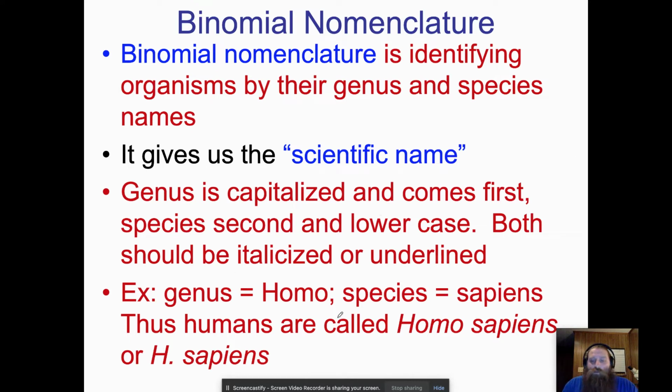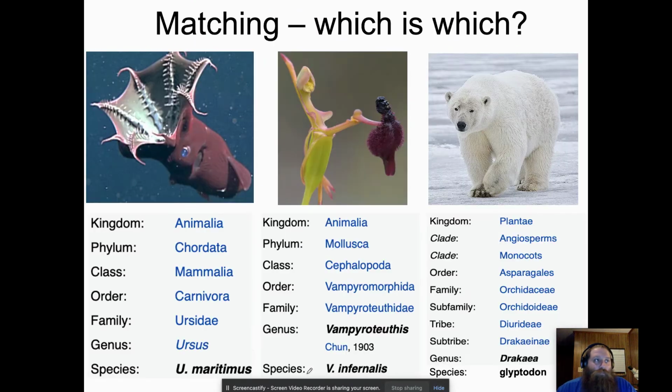So for human beings, we would say Homo sapiens, and you can see here, the genus is capitalized and first, the species is second, and we are in italics. Sometimes we abbreviate the genus with just the first capital letter, the H, and put a period. That's okay too. Both of those you might see.